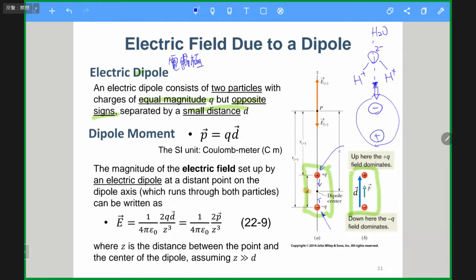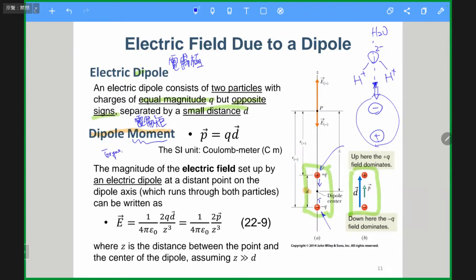Okay, so here we define another physical variable called the dipole moment. In Chinese, it is called 电偶矩. Moment, so you can consider it something related to the torque.